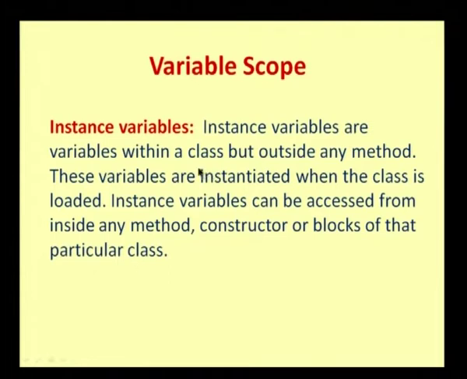So your instance variables are the variables that belong to the objects, that is, instances. They are declared outside any method. If it is declared inside a method, we have seen that it is a local variable, whereas instance variables are declared outside the method but within the class definition.